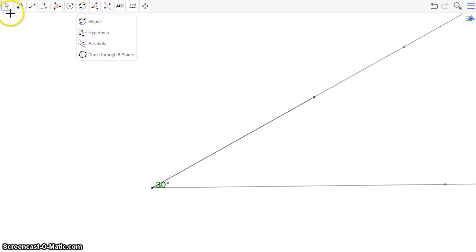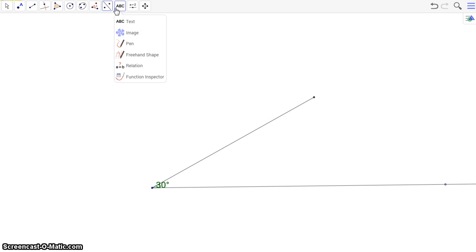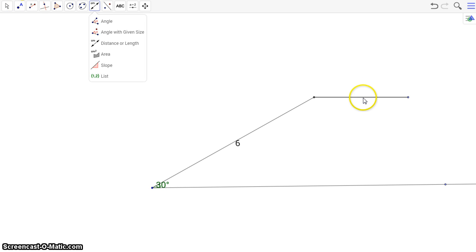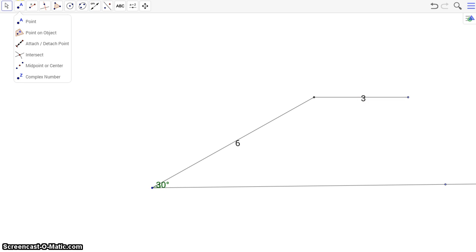Hide some more stuff. Okay, our segment we now said was 6 units. I'm going to make my other side here go down 3 units. So let's go segment of length 3. See what that does for us. Let's throw a measure on there just so we're sure.